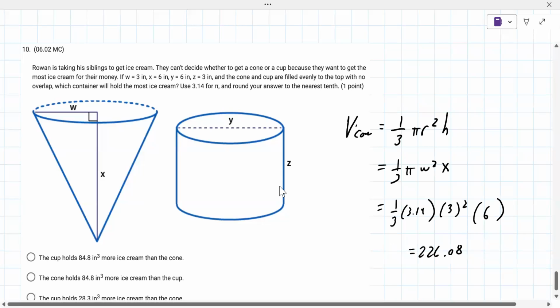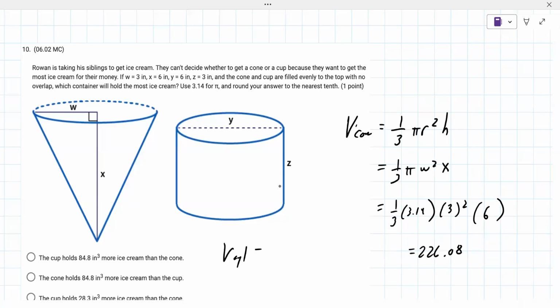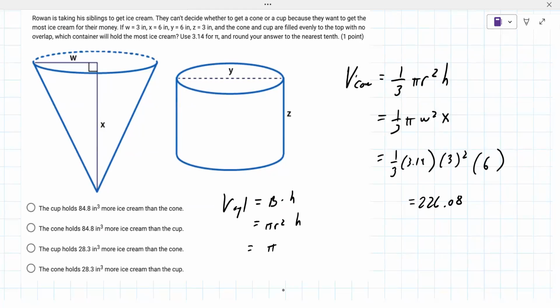All right. So next is to find the volume of the cylinder, which is the base times the height. The base is pi r squared. The height is given here, and the radius is pi times Y divided by 2 squared, because they're giving you the diameter, times the height Z. You just need to calculate that and then figure out which is bigger.